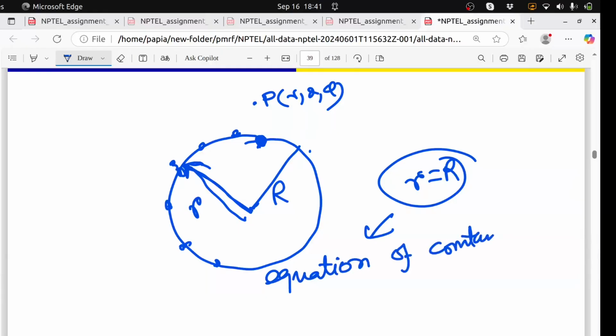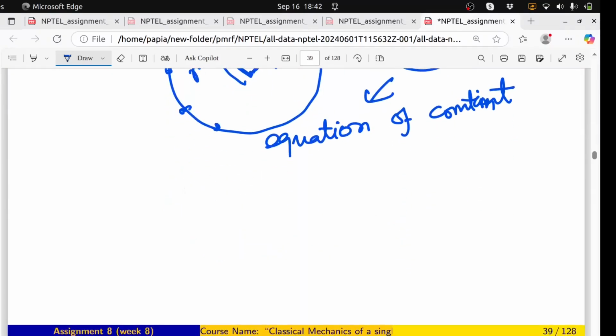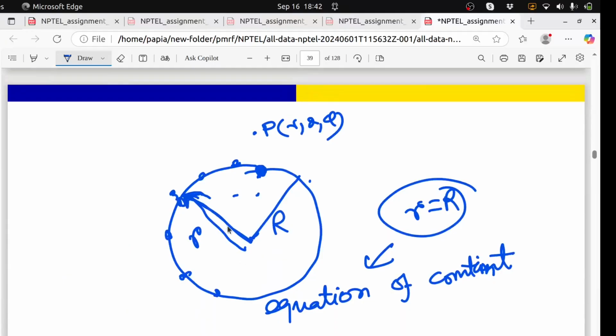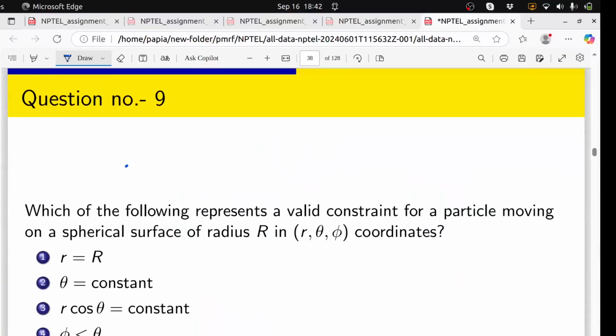Right? Because they are telling that the particle should be on the surface of the sphere, and the sphere has the radius capital R, so we can say that the smaller r is nothing but the distance of the particle from the origin, and obviously as they are talking about the surface, that means from the origin it is always the smaller r, which is equal to capital R. So that's why it will be the correct option.